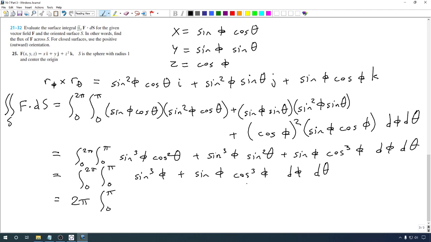The rest of this, I'm going to have to figure out how I'm going to integrate sine cubed and cosine cubed and sine. Well, one thing that you can do here is you can take 2 of the sines from the sine cubed, and remember that sine squared is 1 minus cosine squared, which might seem like it's making things more complicated right at first, but it will actually help us overall.